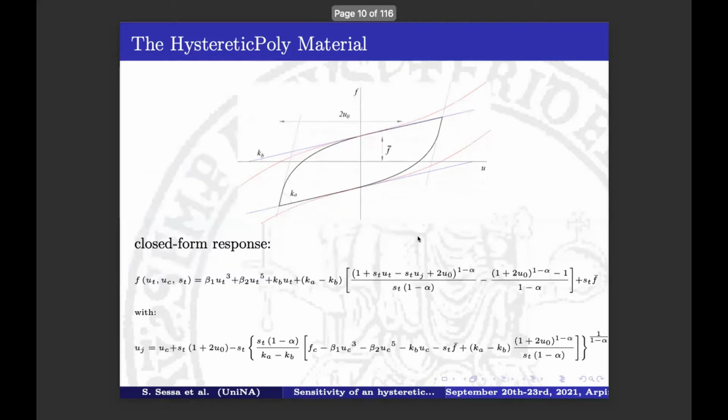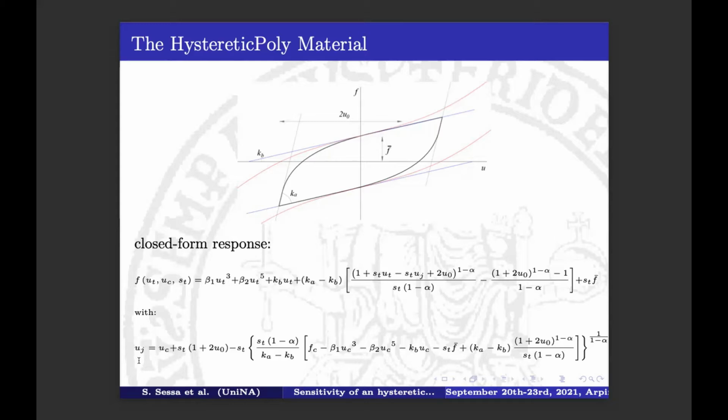And this is everything that we need to compute the response. There is the force, which has a pretty complicated formulation, but it is a closed form solution. And there is this variable, which is a kind of history or internal variable that deals with some permanent deformation of the material.